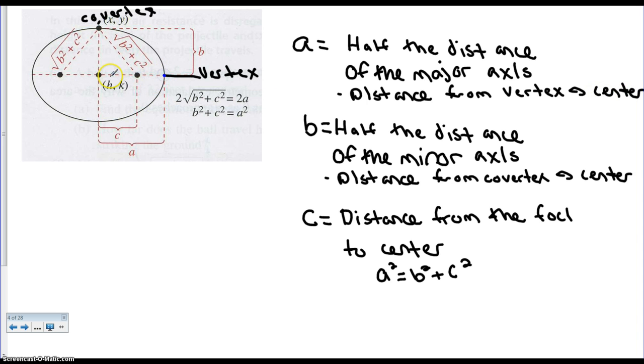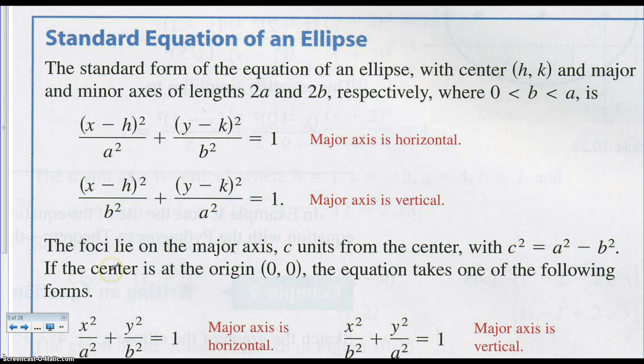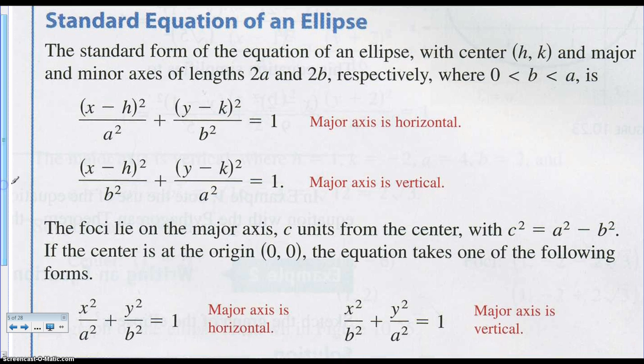So from here to here is what a is. b is half the distance of the minor axis, or it's the distance from the covertex to the center. And then c is the distance that the foci are away from the center, or it can be found using this formula right here.